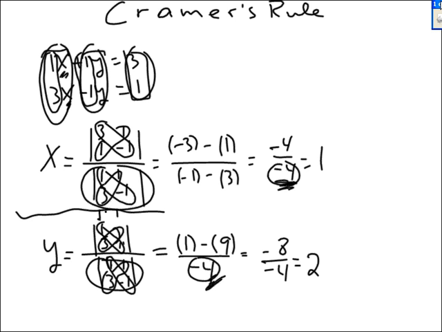Let's try another one. The denominator determinants for x and y and z will be the coefficient determinant. To solve for x, for the numerators, replace the x column with the right-hand numbers. You want to solve for y, replace the y coefficient numbers with the right-hand numbers.